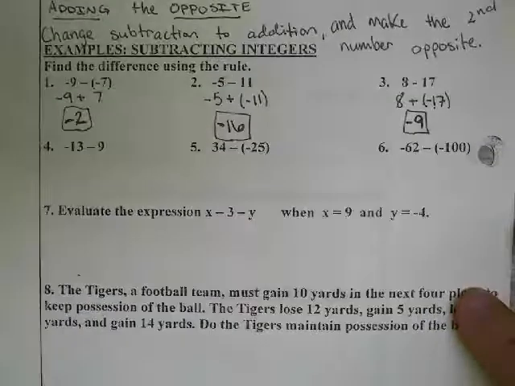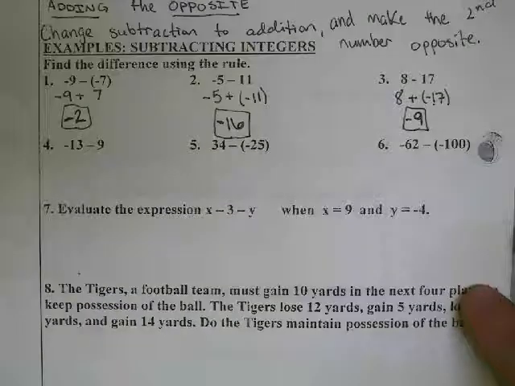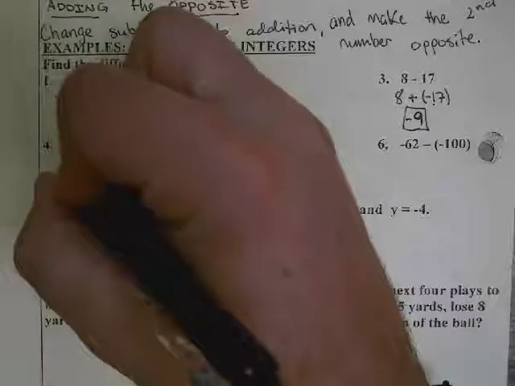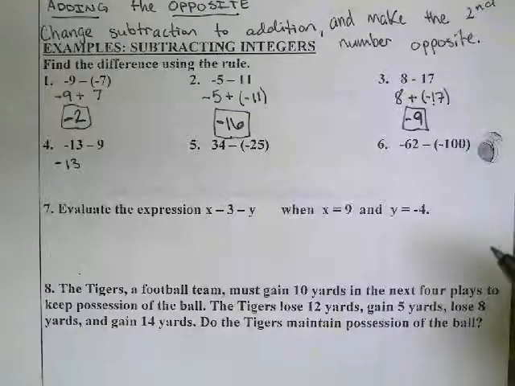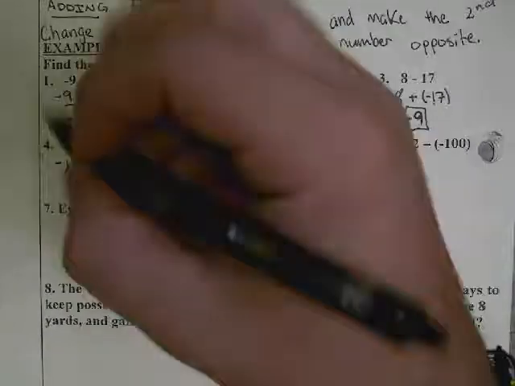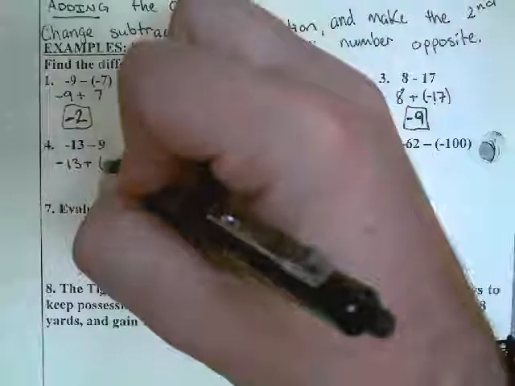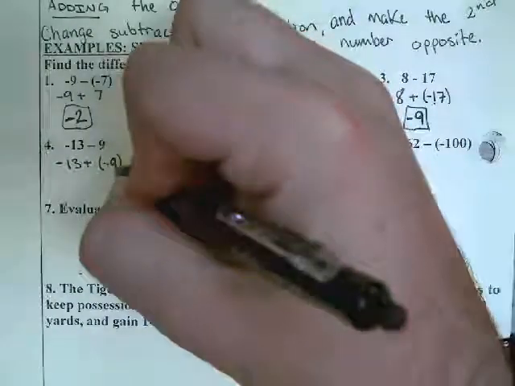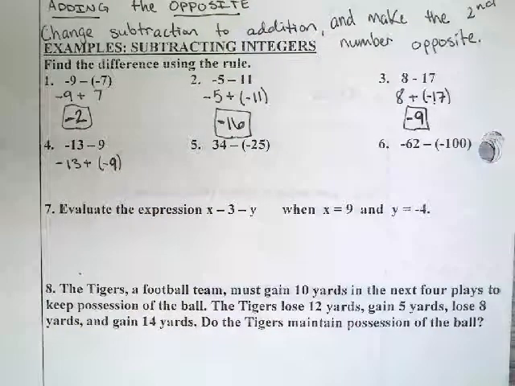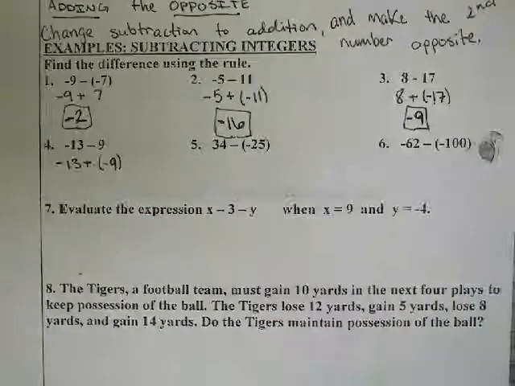Let's look at number 4. First number stays the same, negative 13. Then we add the opposite. So I'm going to change subtraction to adding, and then 9 becomes a negative 9. Now we go through our 3 questions.